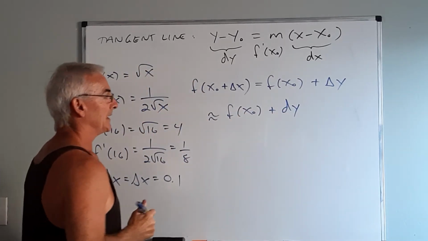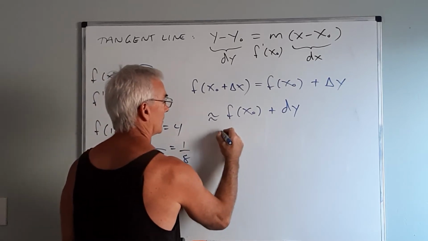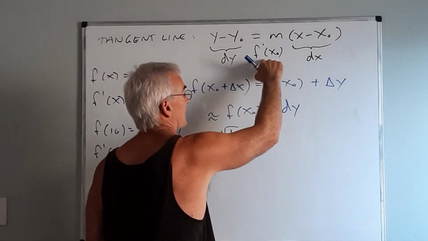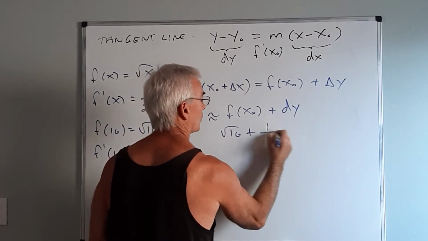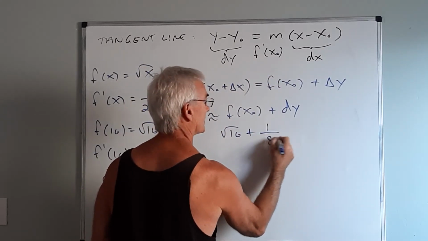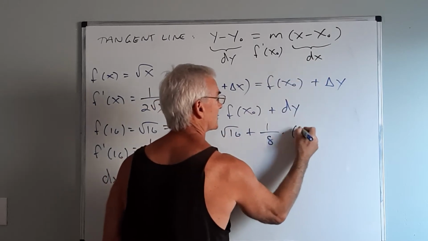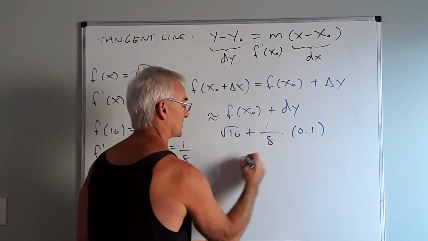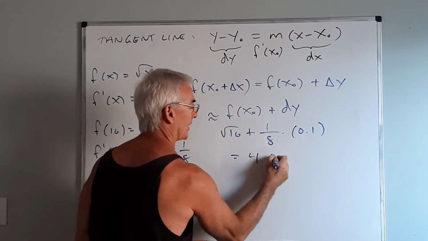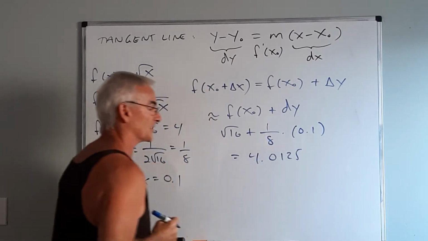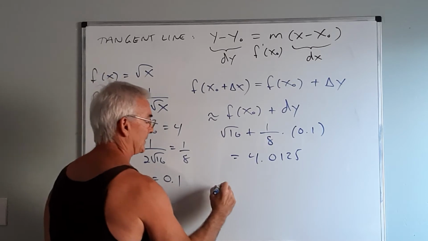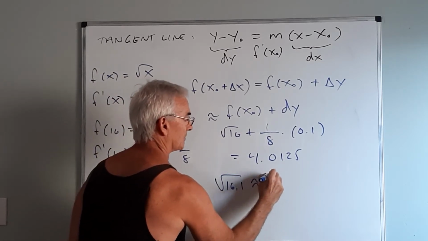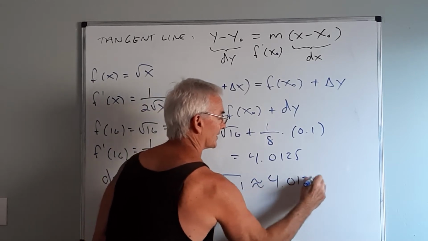So in our problem here, this would become the square root of 16 plus our dy, which is f prime of 16, that's 1 over 8, times dx, which is 0.1, or 4 plus 1/8 times 0.1, that's exactly 4.0125. So the way we would say this finally is that the square root of 16.1 we will estimate with this.